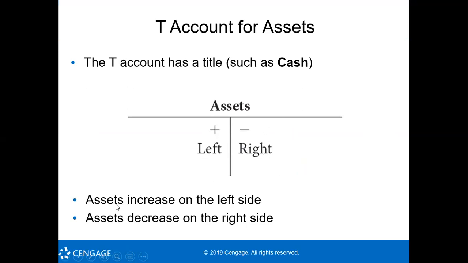Assets decrease on the right side, which again is called the credit side, okay? That's for all assets. And I know it's saying such as cash up here, but this would also be for accounts receivable, notes receivable, supplies, prepaid insurance, equipment, land, building. Any asset increases with a debit, decreases with a credit.